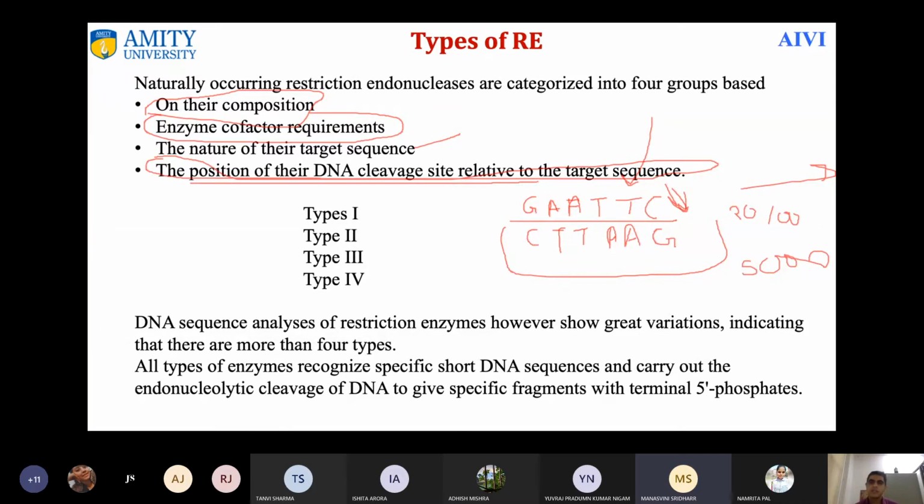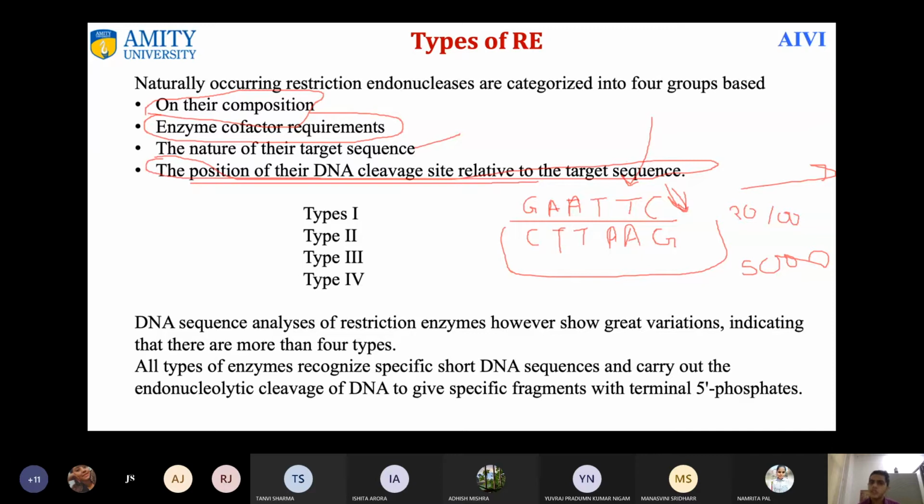I'm not sure. No, the thing is that we are calling them restriction enzymes because, yes, they are producing a cut very far from their recognition site, but if the recognition site is not there, they won't produce any cut. That's why they are specific in nature. Their recognition site must be there. That's why we call them restriction enzymes.